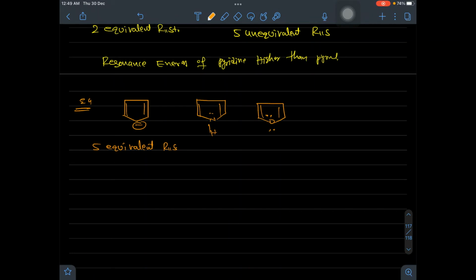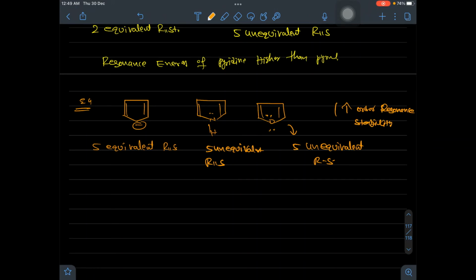In pyrrole, 5 unequivalent resonance structures. In furan also, 5 unequivalent resonance structures. Then, the question is the increasing order of resonance stability.